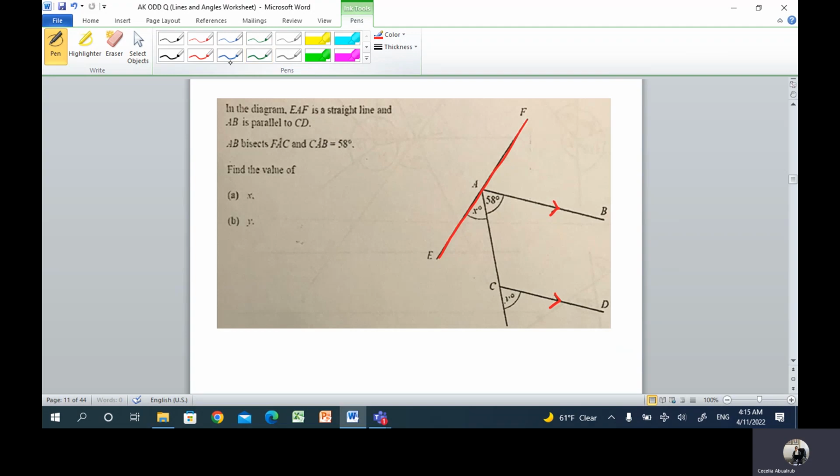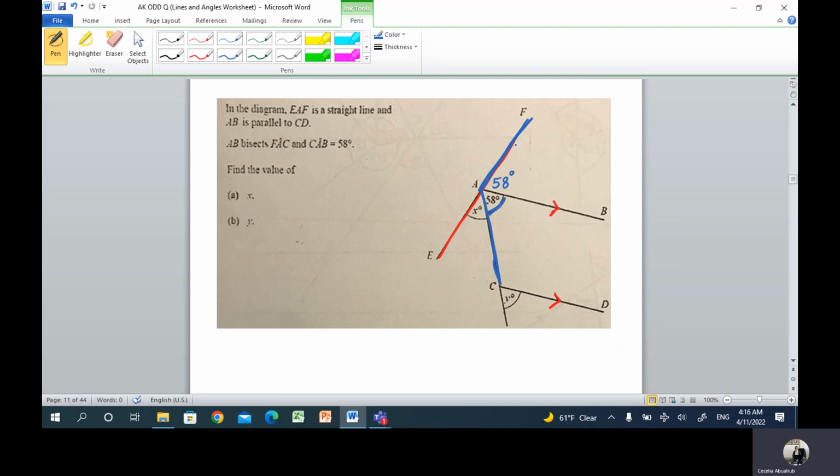Let me use another color. We're talking about FAC. It bisects this angle, so it is cutting it into two equal parts, which means if this is 58, then this one is 58 as well.